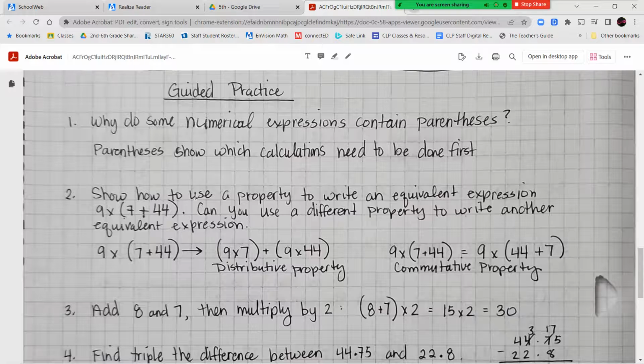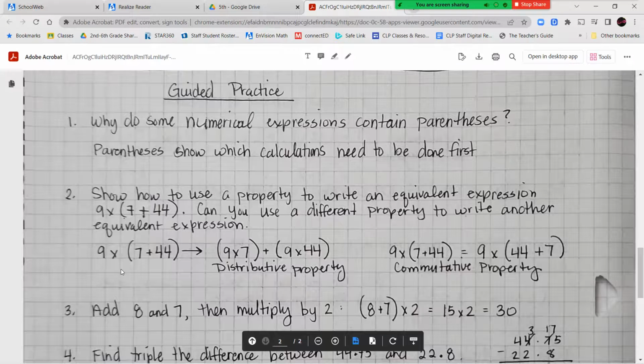Number 2 says, show how to use a property to write an equivalent expression. 9 times 7 plus 44. So the 7 plus 44 is in parentheses. Can you use a different property to write another equivalent expression? Now, what I can do here is what I did in one of our first examples. I can use the distributive property to do the 9 times 7 and then add it to the 9 times 44.